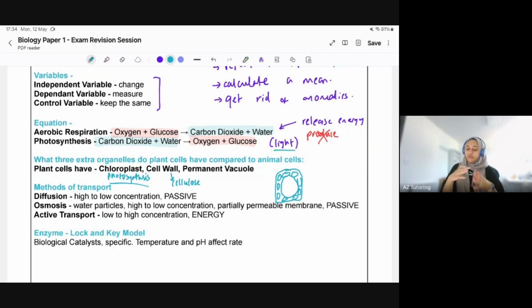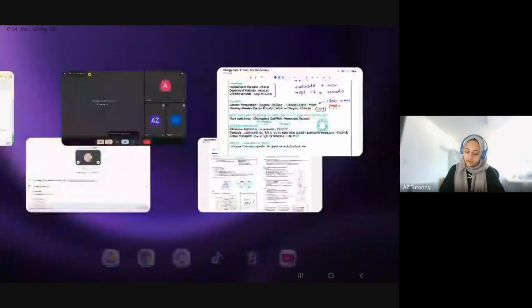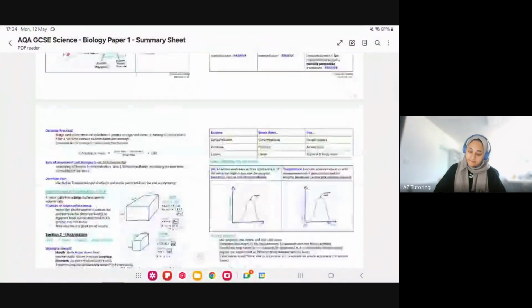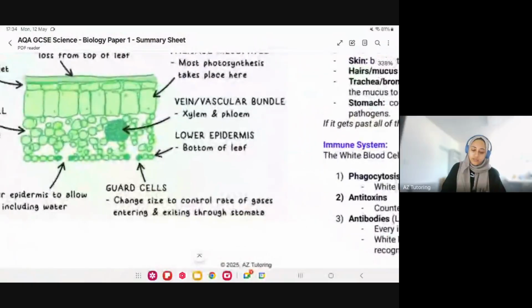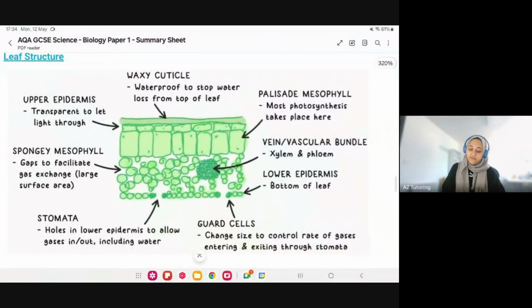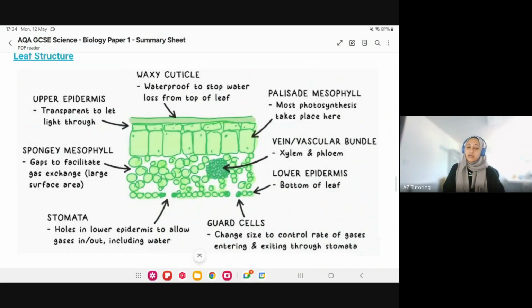So the reason why it pushes it to the edge of the cell is so it can get the maximum amount of light. That's the reason why all the palisade cells as well, if you look on top of a leaf, I'll just quickly show you. So if you look on the leaf, you can see the palisade mesophyll. These are all the palisade cells here. They're on the top of the leaf because they want to get the maximum amount of sunlight so photosynthesis can take place.